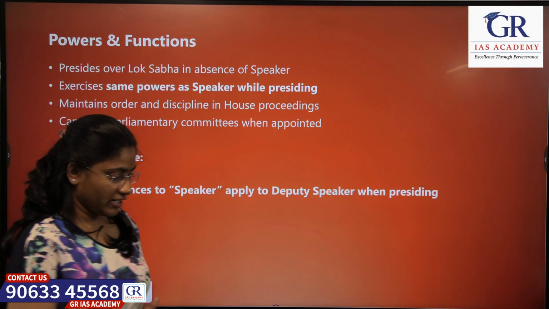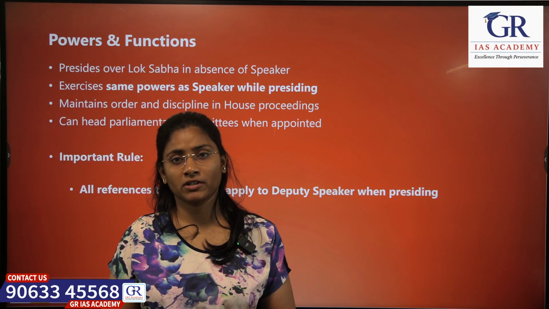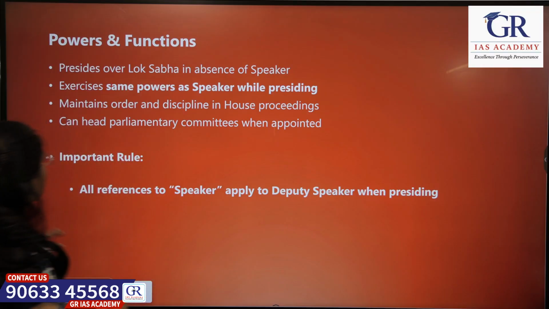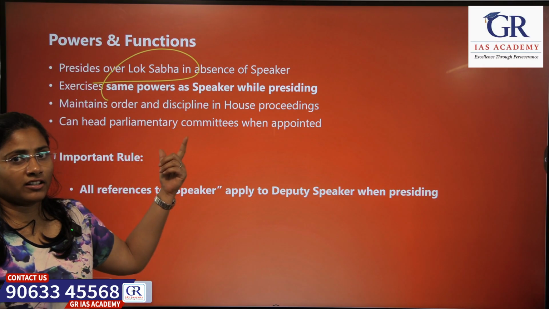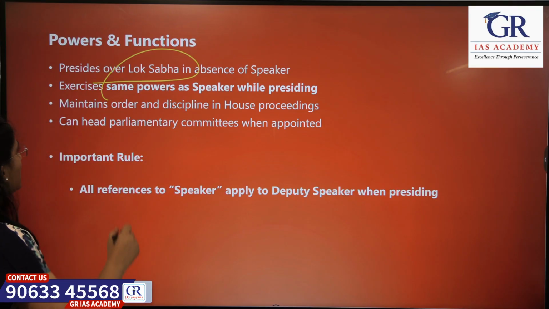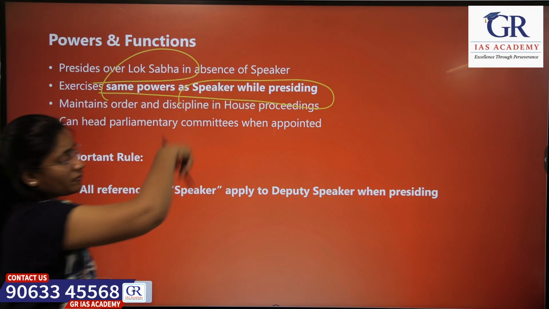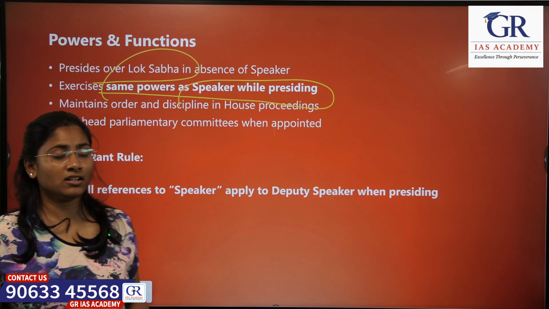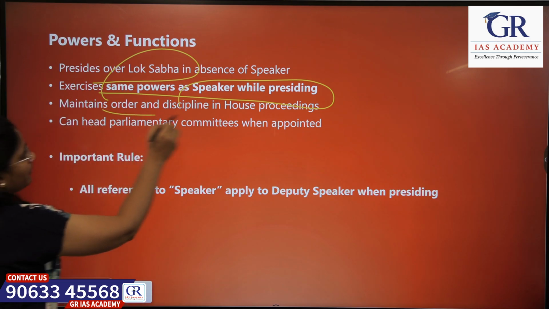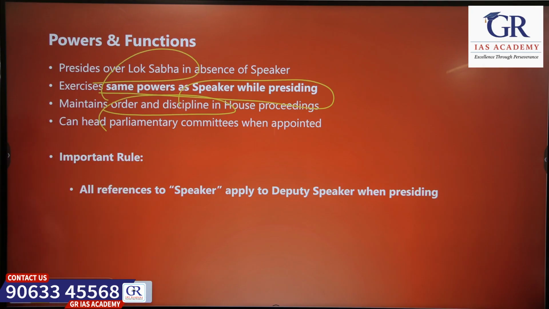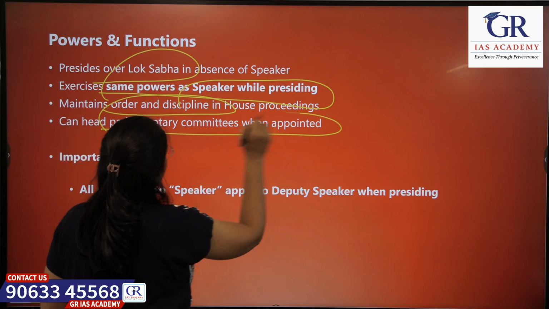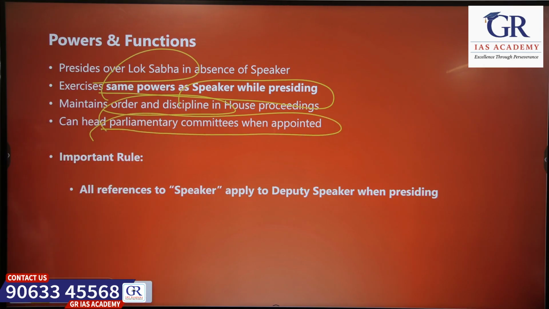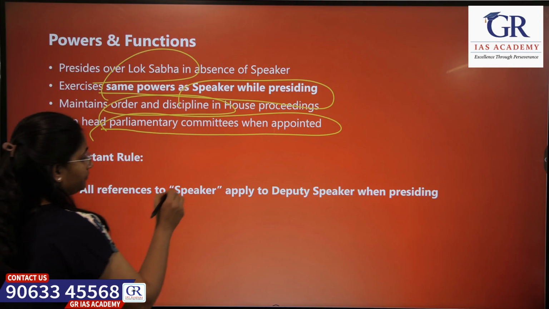The deputy speaker also has some powers and functions. So let's discuss those. He presides over Lok Sabha in the absence of the speaker. That is the most important function of the deputy speaker. He will have the same powers as the speaker when he is presiding over the house. He will maintain discipline and order of the house when he is presiding, and he heads parliamentary committees when he is appointed to any committee.